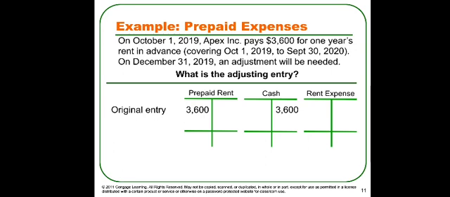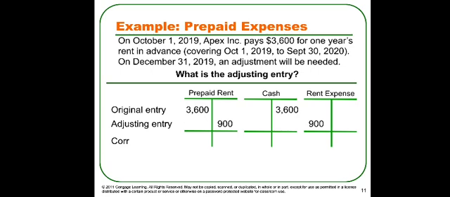Now, at 31st of December 2019, you have to think how much from this prepaid has become an expense. When you pay, it is an asset because you pay for the future. When you have used the building, at the end of the year, you have to think how much from this 3,600 has become an expense.